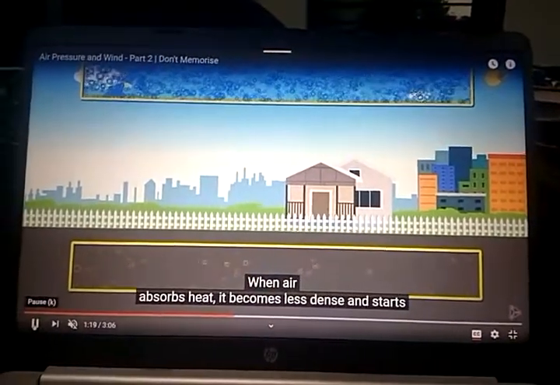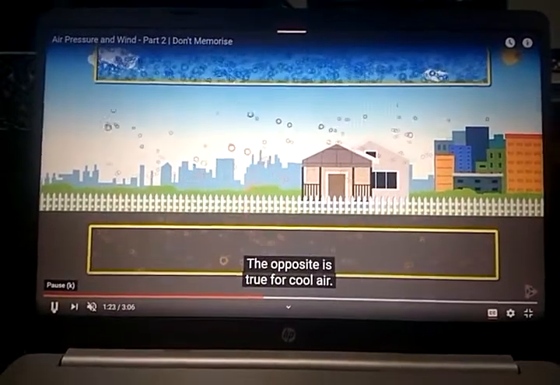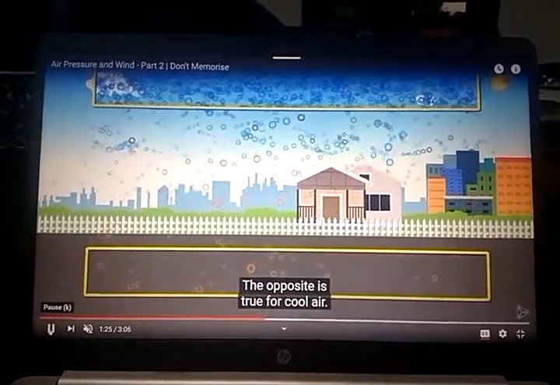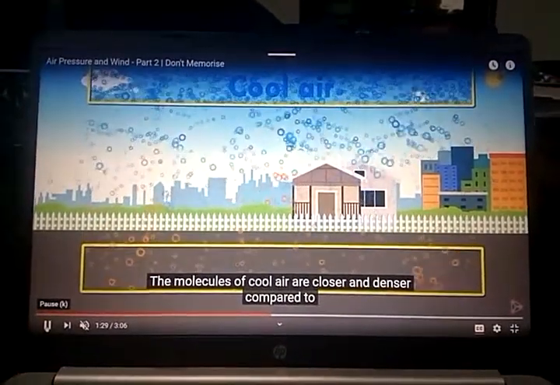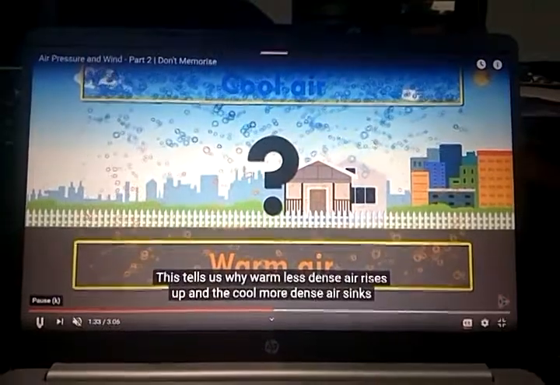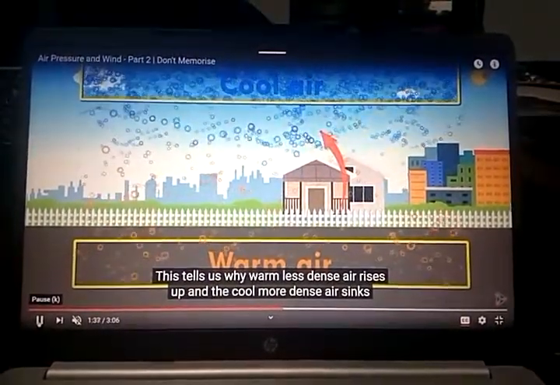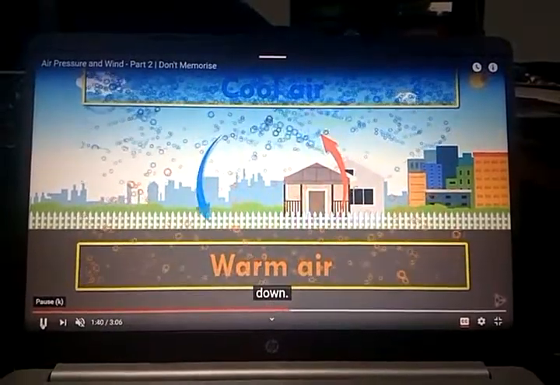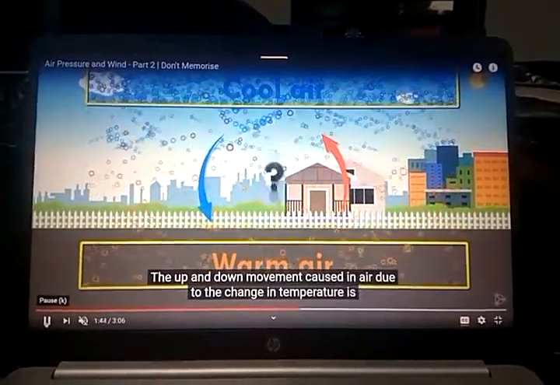As we know, hot air rises up because hot air has less weight and cold air has more weight. So warm air is less dense, so it rises up, and cooler air moves down.